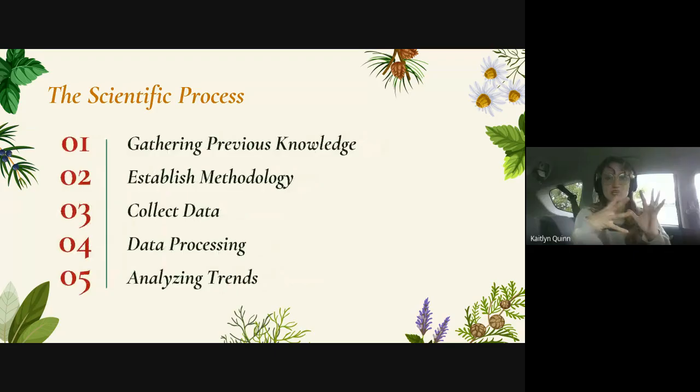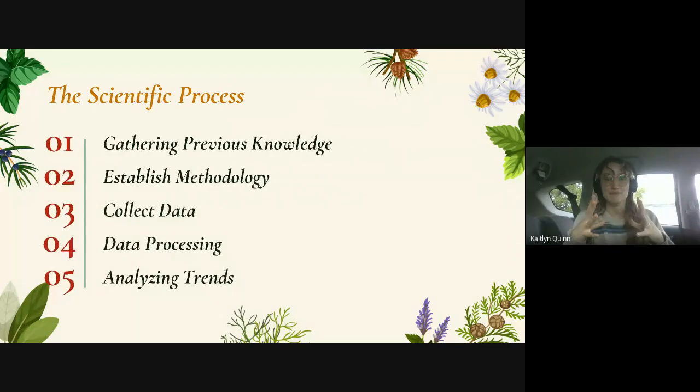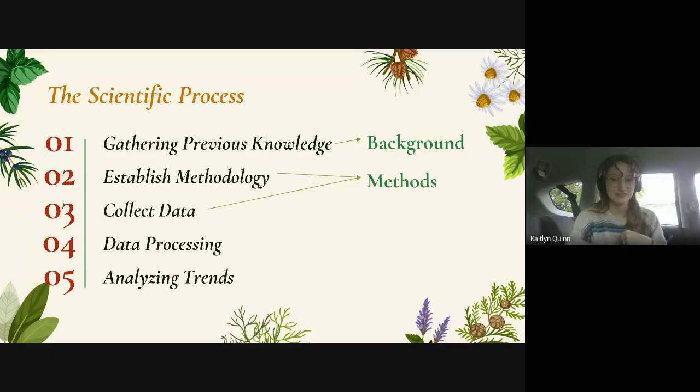All of these combine together to make up all of the contents of a research paper in almost that order. You have the previous information that would then become the background of the paper. You have the methodology and data collection for the methods. The data processing would be the results, and the analyzation would be, of course, analysis.